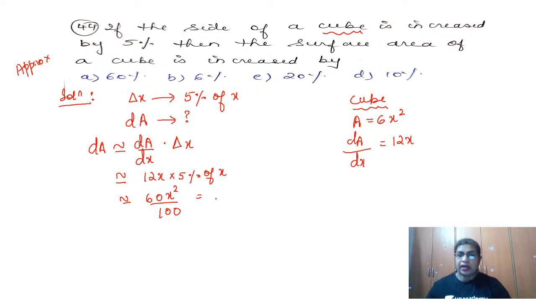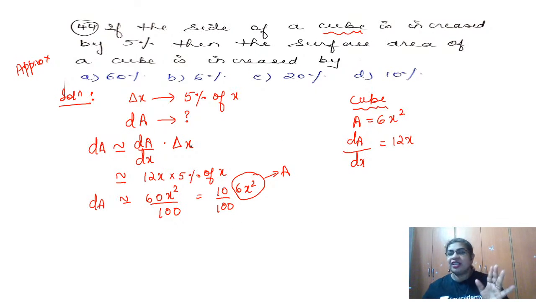Okay, so can I write this as 10 by 100 into 6x square? Why am I writing this? This is nothing but the area. So the surface area is increased by 10%. Now here we are getting 10% of the area. So that was the question asked, a slightly trickier question. They have told us the side is increased by 5% of the side. Then how is the surface area increased? That was the question.